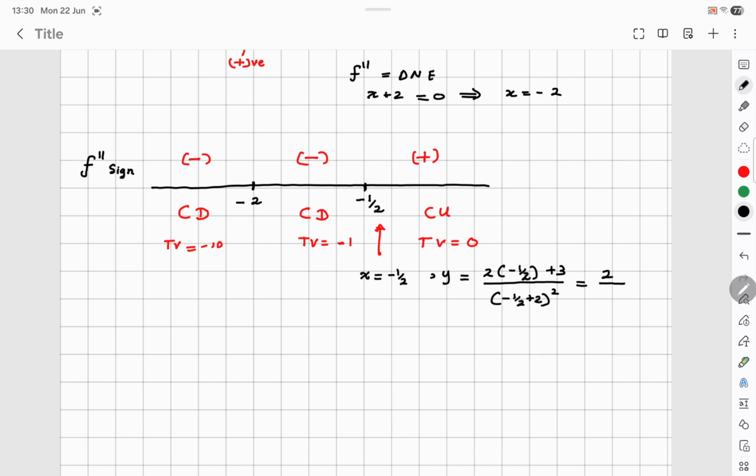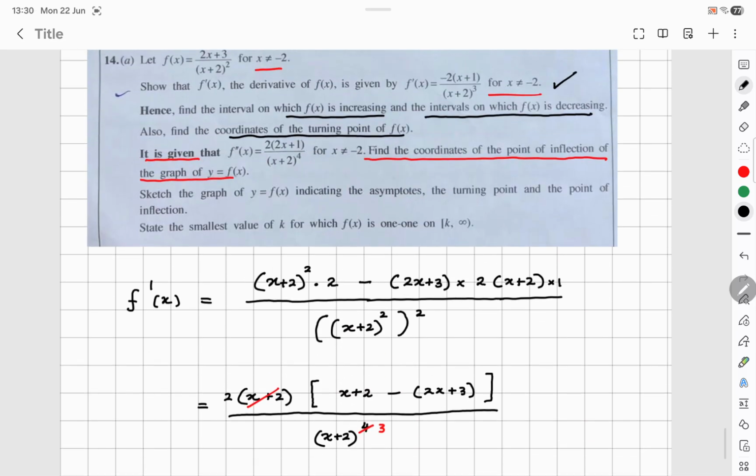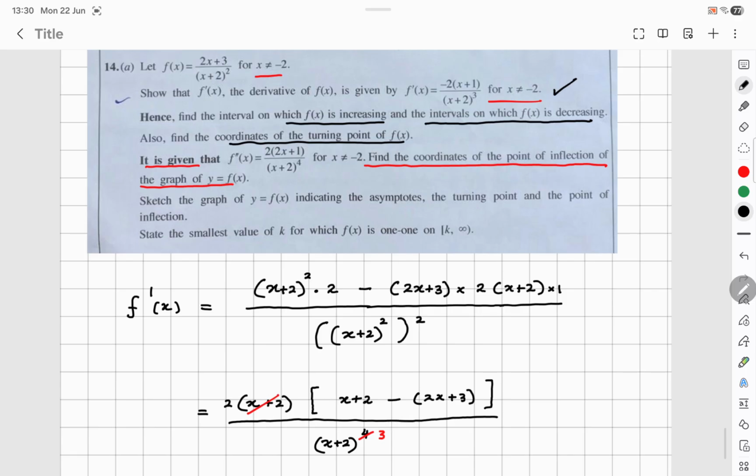So 1.5 is 3 over 2, and 3 over 2 squared is 9 over 4. So 8 over 9 is the y value. So then what is our inflection point? Inflection point is minus half comma 8 over 9, right? So the inflection point is done. Find the coordinates of the inflection point, so that is done.